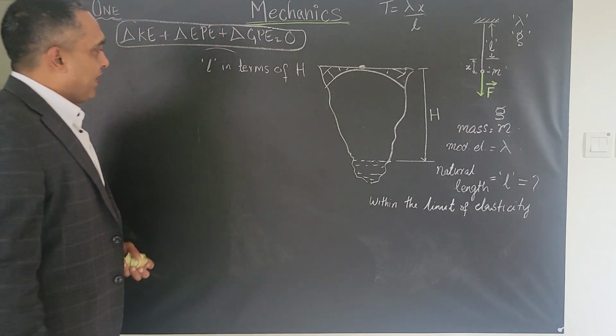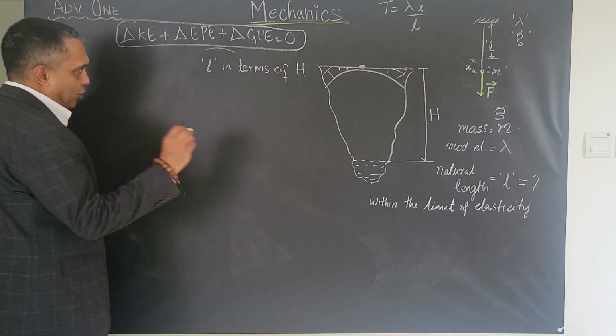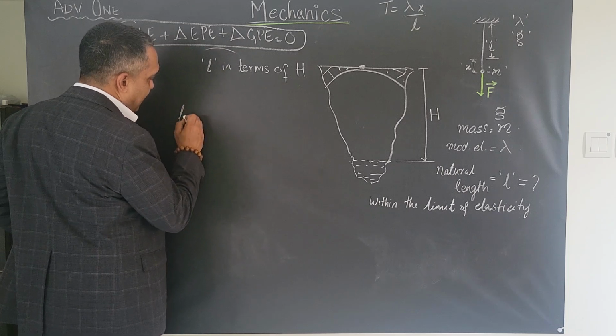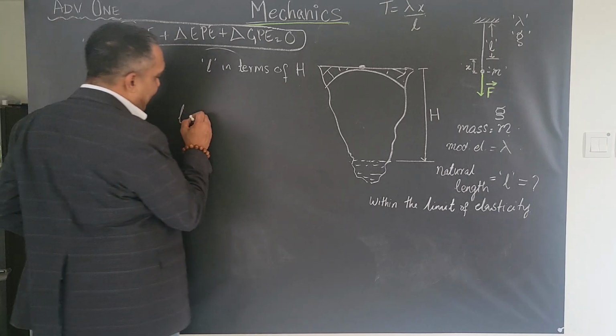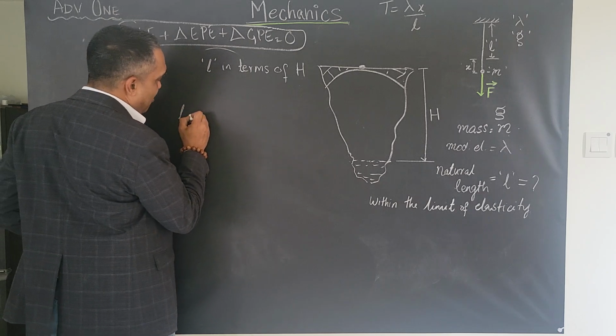I would like you to find out, and I think your answer should look something like this, if I'm not mistaken. I'm not asking you to derive a formula. I want you to do the math behind this. The hint is in the energy equation.